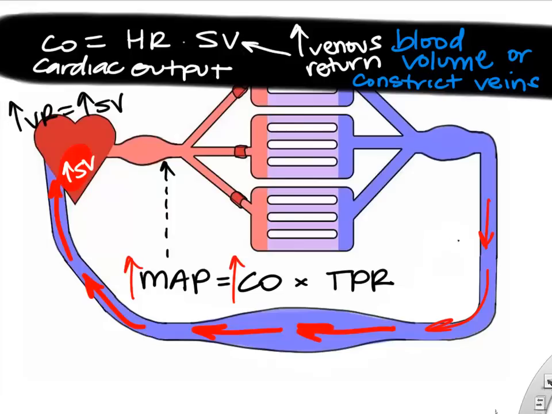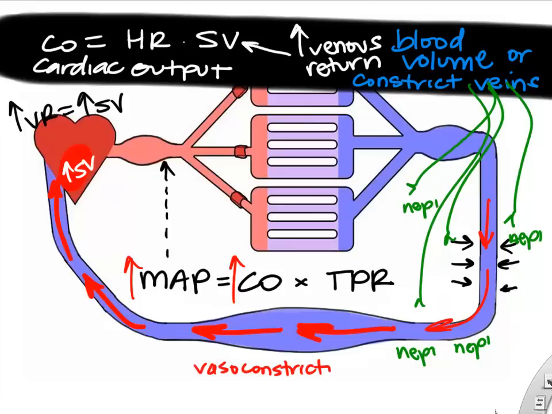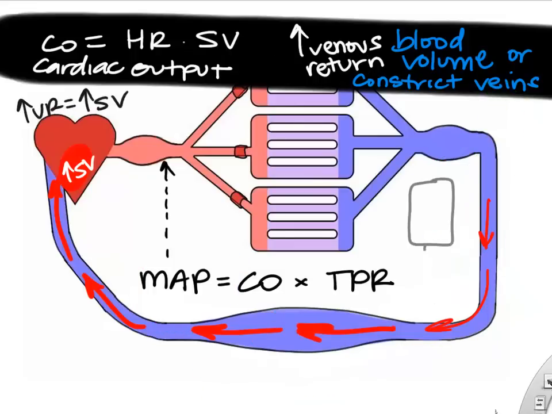If we have more stroke volume, we'll be pumping more blood, and it'll increase our mean arterial pressure. So one way we can do that is actually by activating our sympathetic nervous system. Norepinephrine causes constriction or vasoconstriction of all those little tiny veins and even some of the larger veins, which helps push the blood back towards the heart, which would increase our blood pressure.